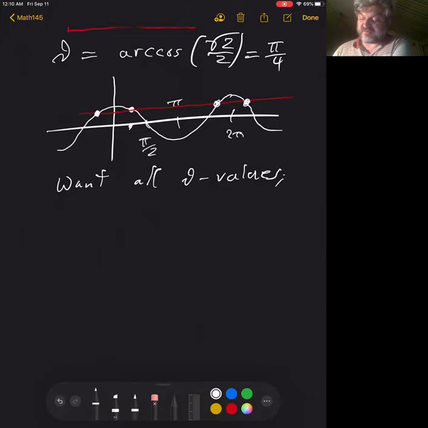Either you could say between 0 and 2 pi. So the first one we got is pi over 4. And the second one between 0 and 2 pi is a mirror image. If we mirror the first one about the vertical line x is pi, an equation for this mirroring process is 2 pi minus theta 0.